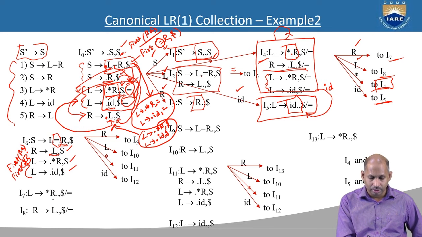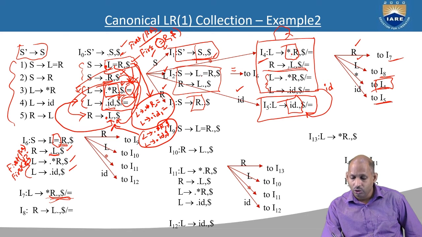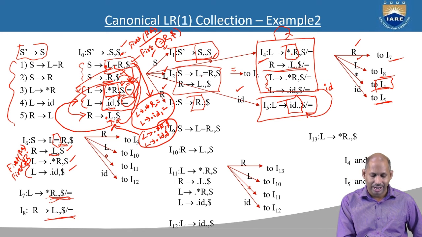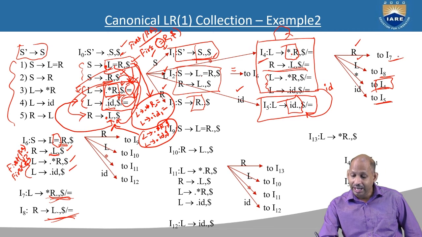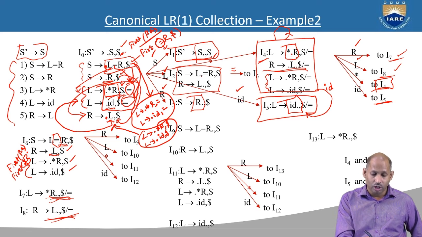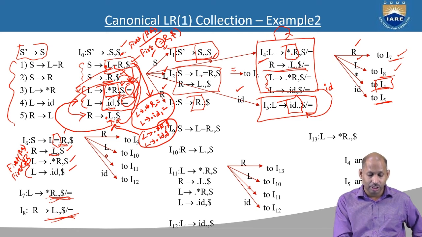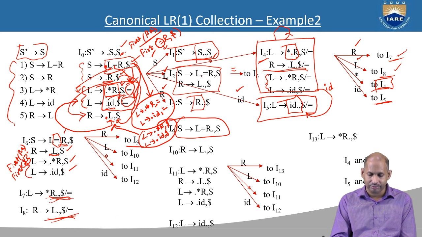Now dot R gives R dot, and L dot. So here I7, I8 is over. Then we come to I6. Dot followed by R, dot followed by L, dot followed by multiplication, dot followed by ID. So on R going to I9, this is the I9.